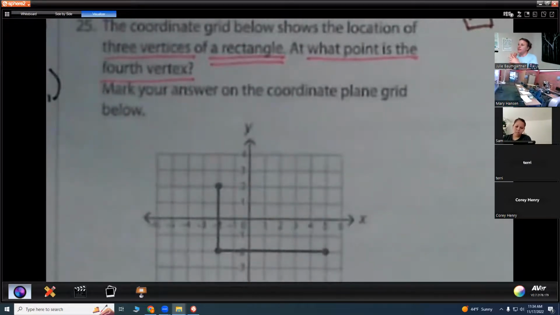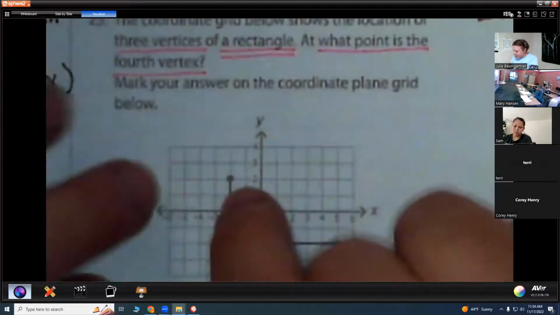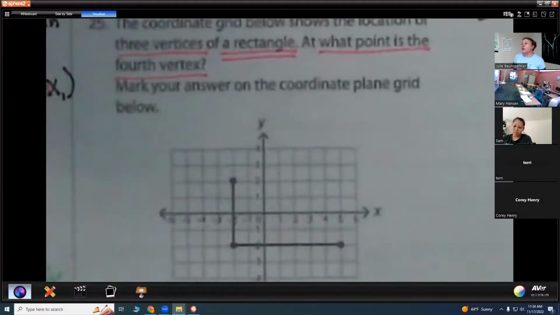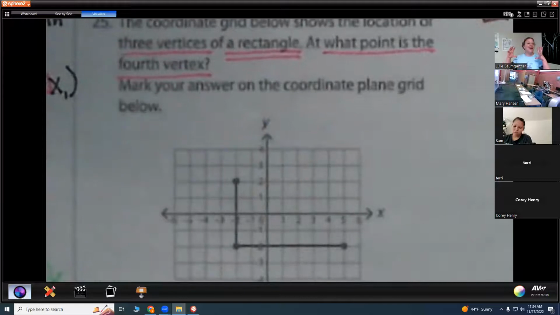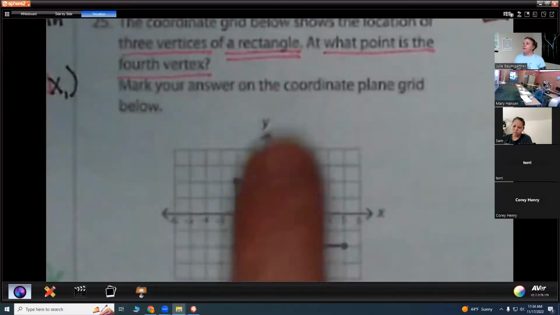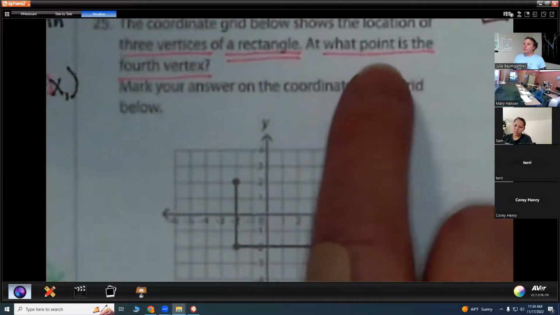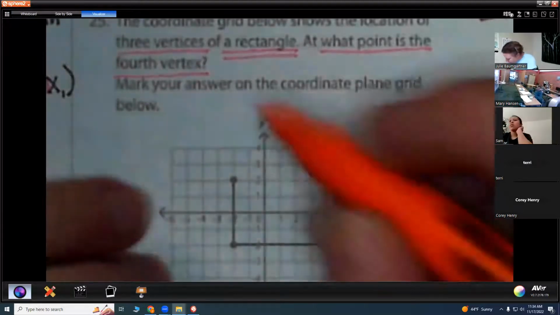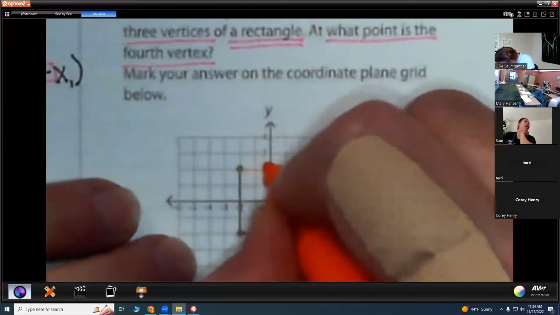So the question says, the coordinate grid below shows the location of 3 vertices. So that's our points here, right? And of course the vertices are like the corners, the part of the rectangle that creates angles, right? And so, what point is the 4th vertex? So you're really just completing the rectangle, right?